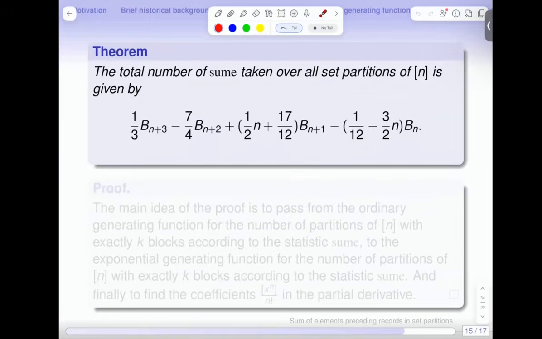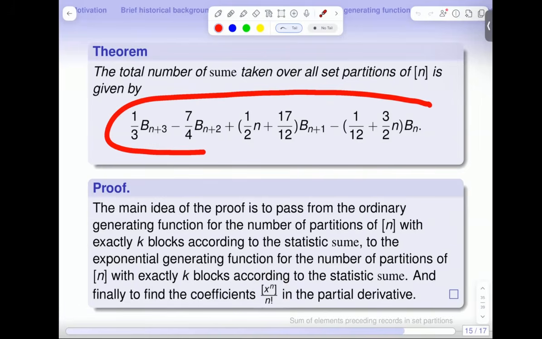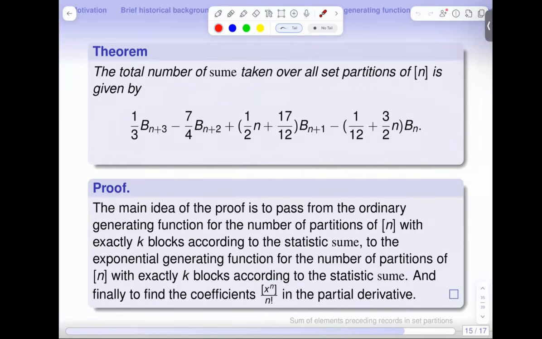And we differentiate the exponential generating function and substitute q equal to 1, and we find the coefficient of x to the power n divided by n factorial, and we have this formula.